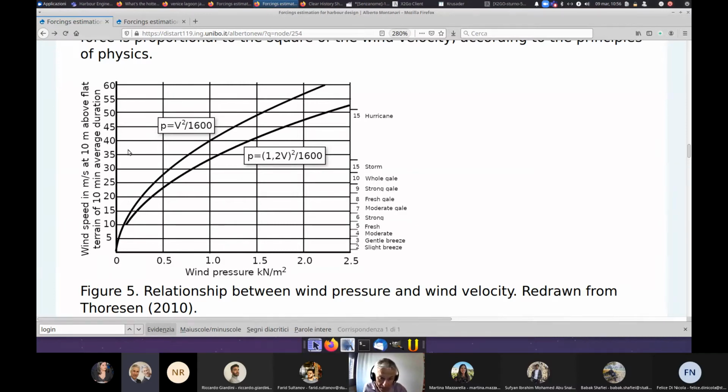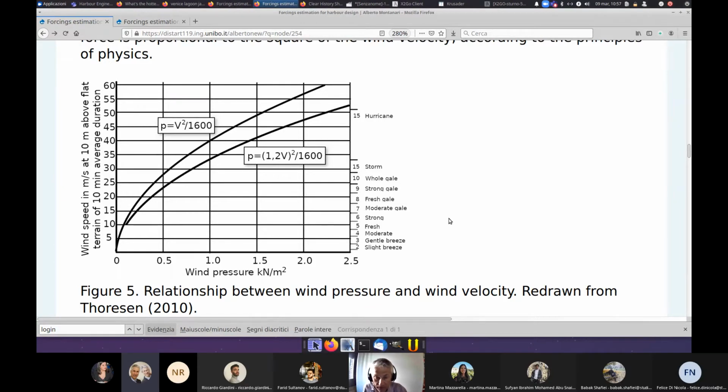In this figure, we make reference to this wind speed, 10 minutes average duration and 10 meters above flat terrain, because we want to get a correspondence with the wind classification, which is reported in the right vertical axis.